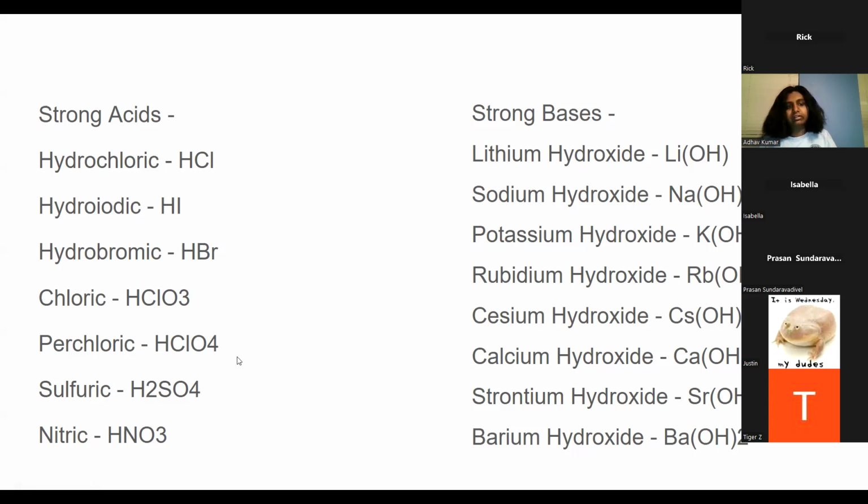Here we have perchloric acid because ClO4 would be perchlorate. Then sulfuric acid, right? So with these two, you're just adding one more oxygen. Sulfuric acid is obviously very well known. A lot of fun uses for that one. And then nitric acid's just weird. Don't worry about it. I mean, memorize it.